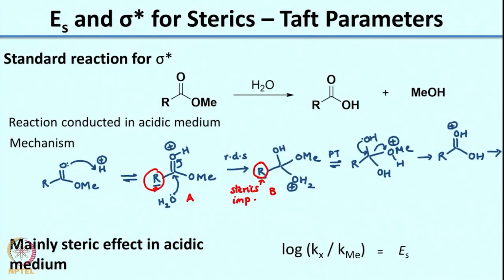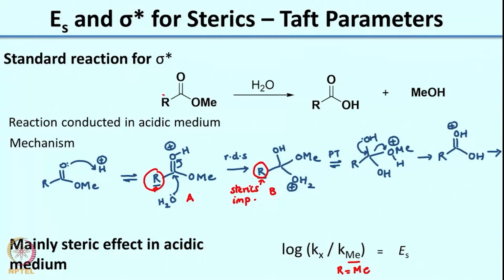So, if you do this reaction, and here the standard reaction is the one where you have R is equal to Me. So, in the benzoic acid case we were looking at an aromatic substitution. Remember, here we are not talking about substitution on an aromatic ring. What we are saying is that the whole R group essentially is Me.